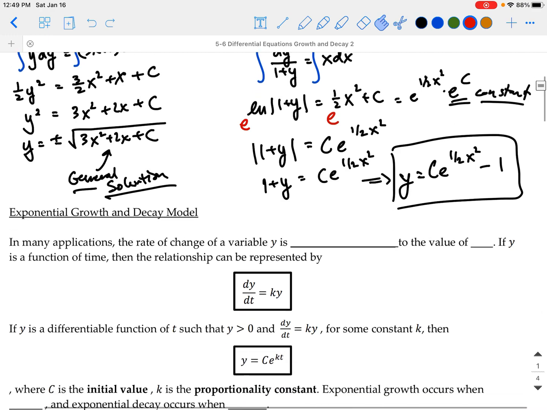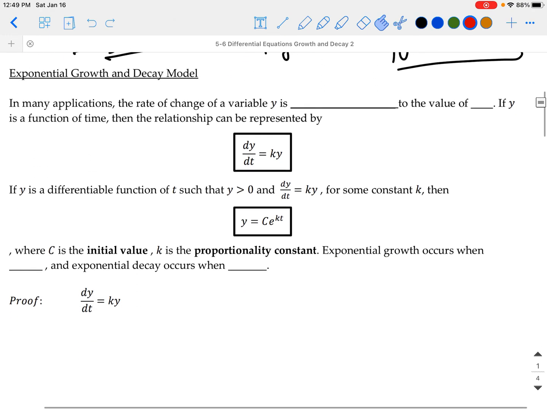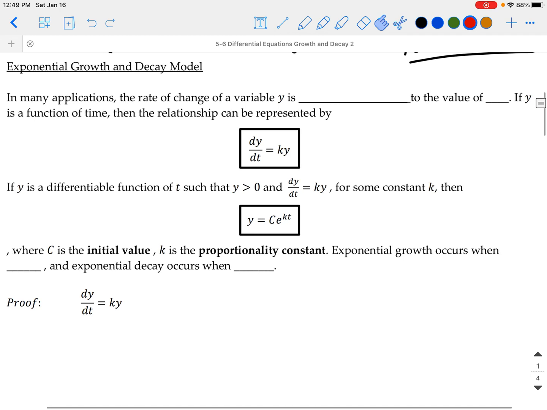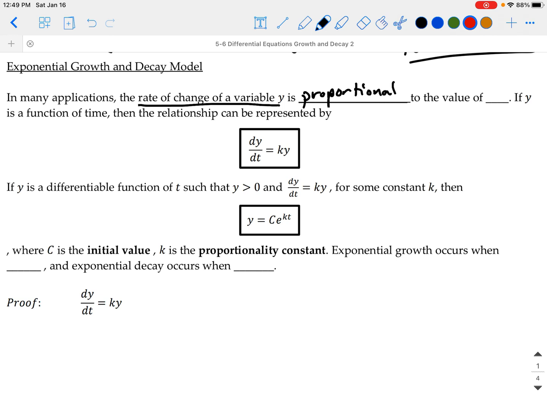And so we're going to look at what general exponential models look like where we're dealing with growth or decay. We get exponential growth or decay models when the rate of change of our variable y is proportional to the value of y itself.